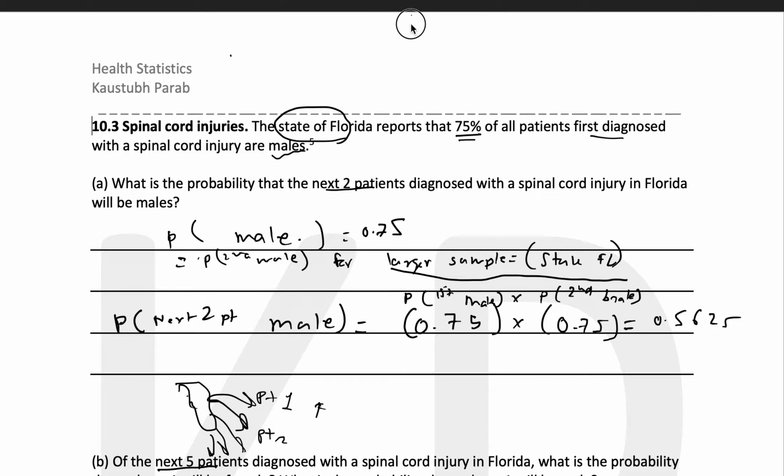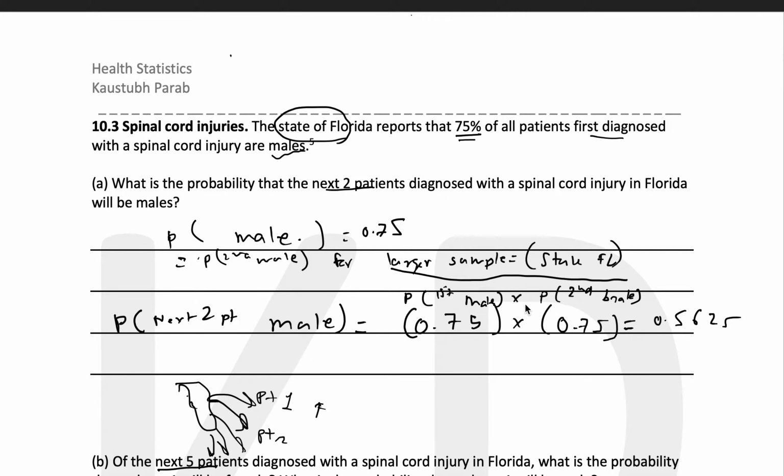So we can consider the next two patients, the probability of the first patient being male and the probability of the second patient being male, as independent events. That's why the probability of the next two patients being male will be the probability of the first being male times the probability of the second being male, because that will be an AND probability.